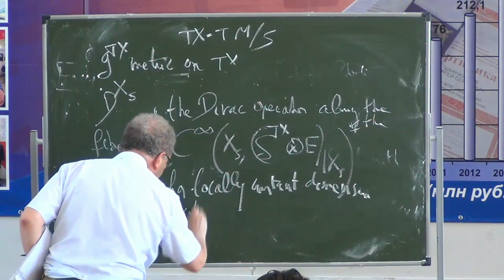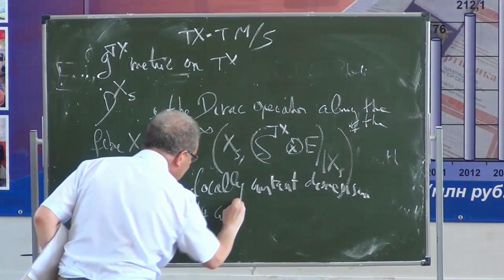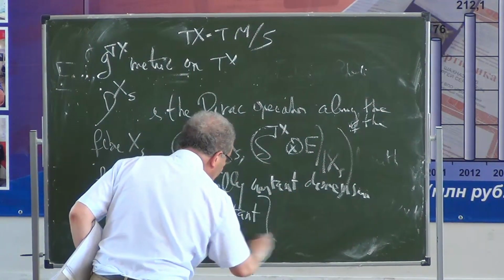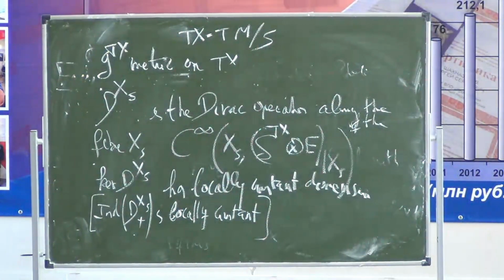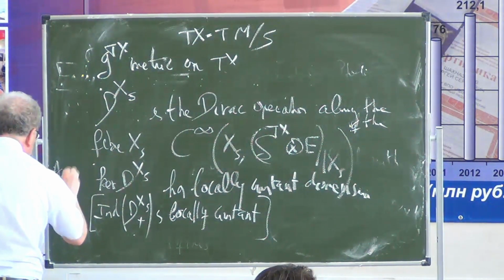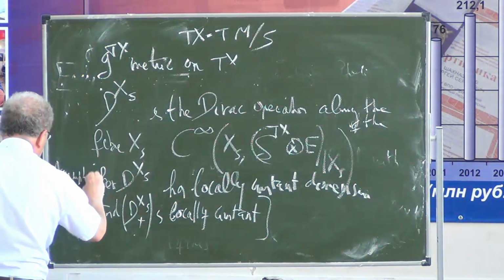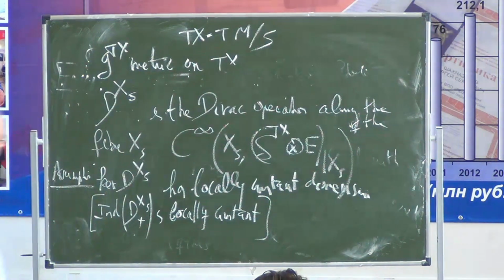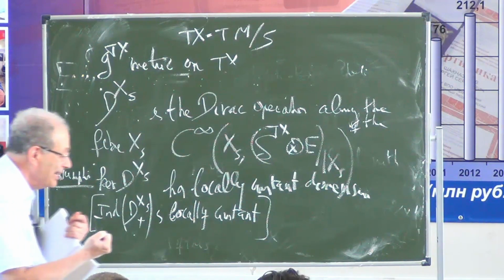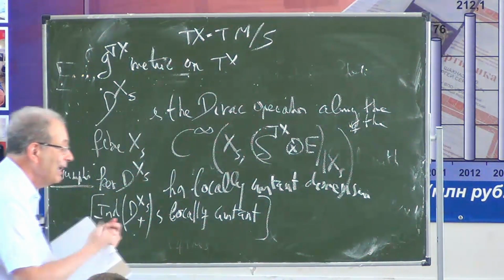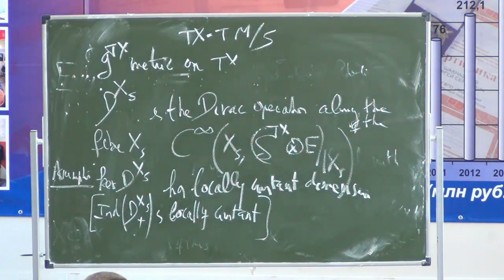This is for sure because the index is a homotopy invariant. But I will assume, for simplicity, that the kernel of D^X_s doesn't jump, which means that the kernel of D^X_+ and the kernel of D^X_- have themselves constant dimension, not only the difference. You can always go back to that situation.